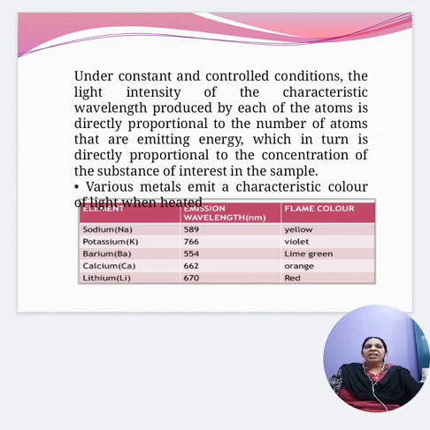For sodium you have a yellow flame, potassium violet, barium lime green, calcium orange, and lithium red. So based upon the flame color, you can identify the element present in the sample.